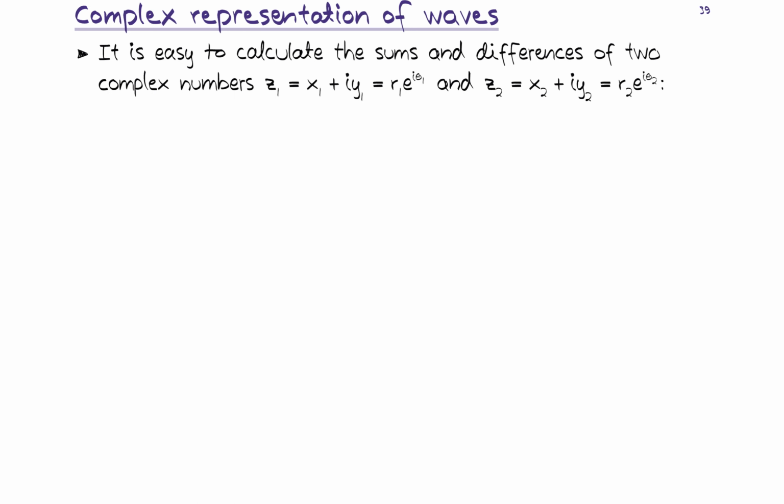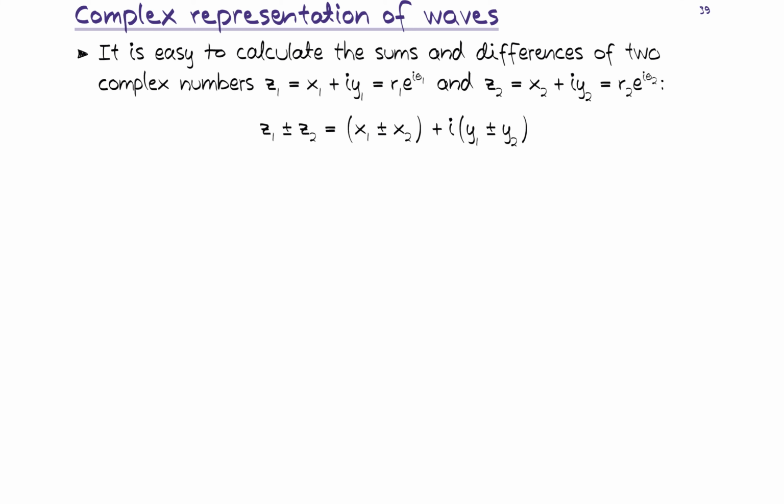Now if we add or subtract these two complex numbers, we can deal with this operation easily using the normal notation. We just sum or subtract the real parts from each other, and similarly the imaginary parts.